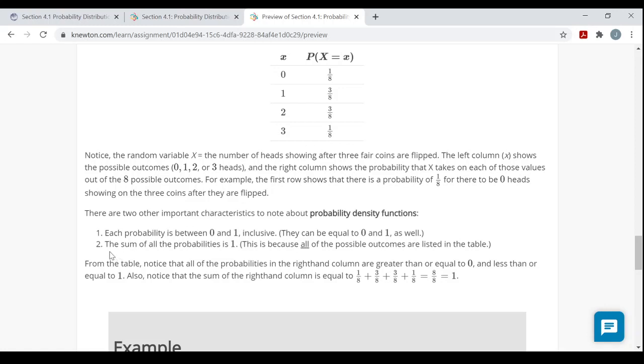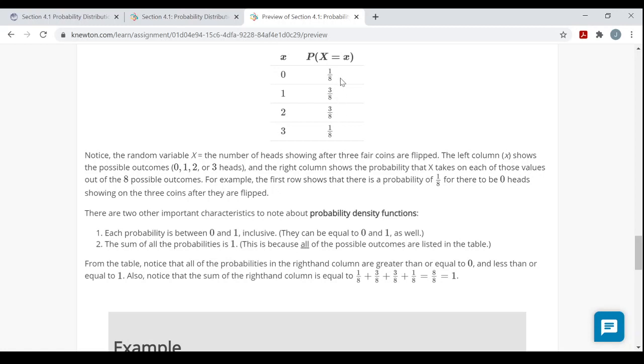Okay. And 2, again, we've seen this before as well. The sum of all the probabilities is 1, or 100%, right? This is because all of the possible outcomes are listed in the table. If all possible outcomes, this 0, 1, 2, and 3 heads, are listed, then add up all the probabilities, and you should get 1, or if it's in percentages, 100%.